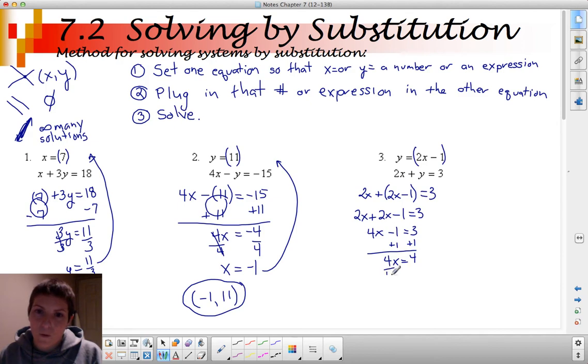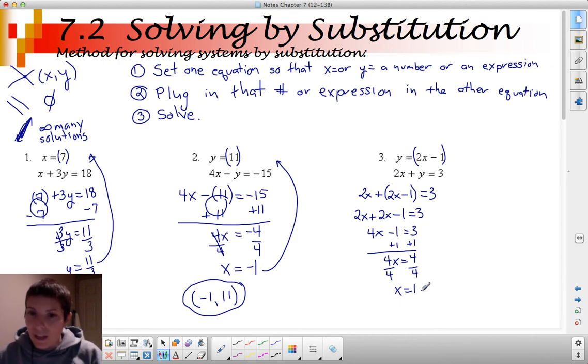Divide by 4. And we get x is equal to 1. That is not enough information for Chapter 7. X equal to 1 isn't enough. Remember, our answers have to be either an ordered pair, an empty set, or infinitely many.